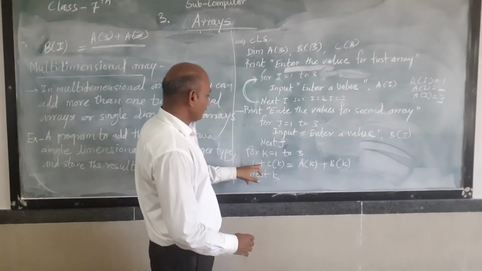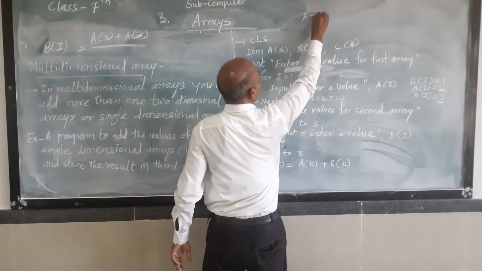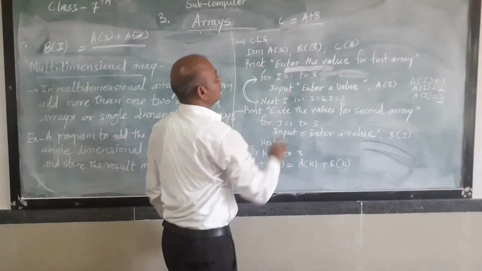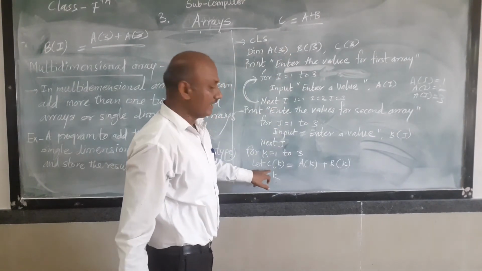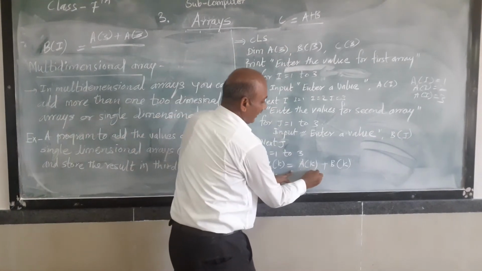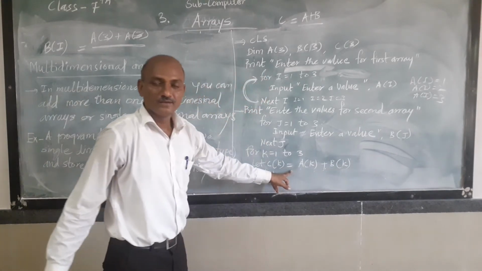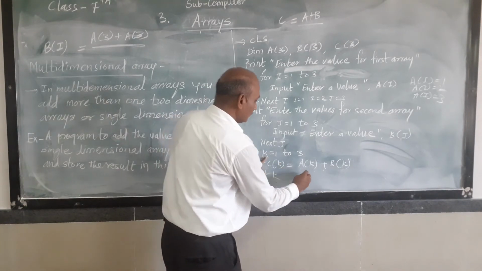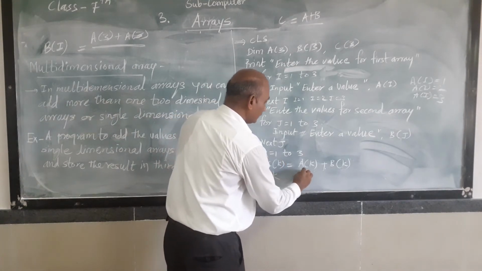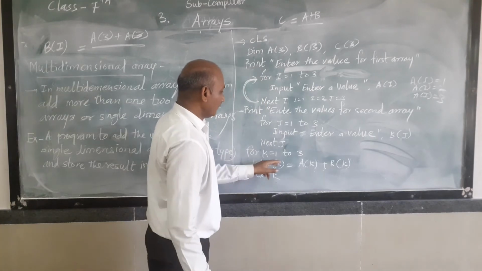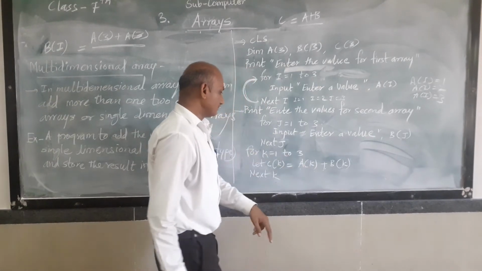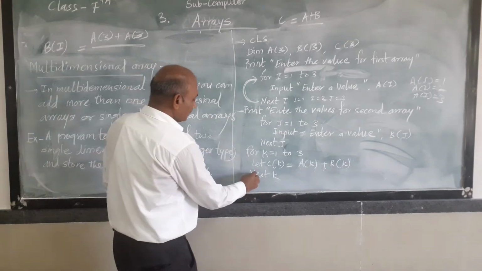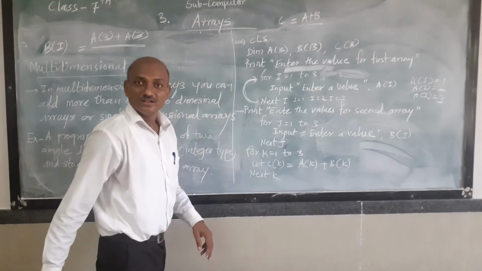When we do a plus b, we store this addition in c. Let c of k is equal to a of k plus b of k. So this will be moved for 3 times.